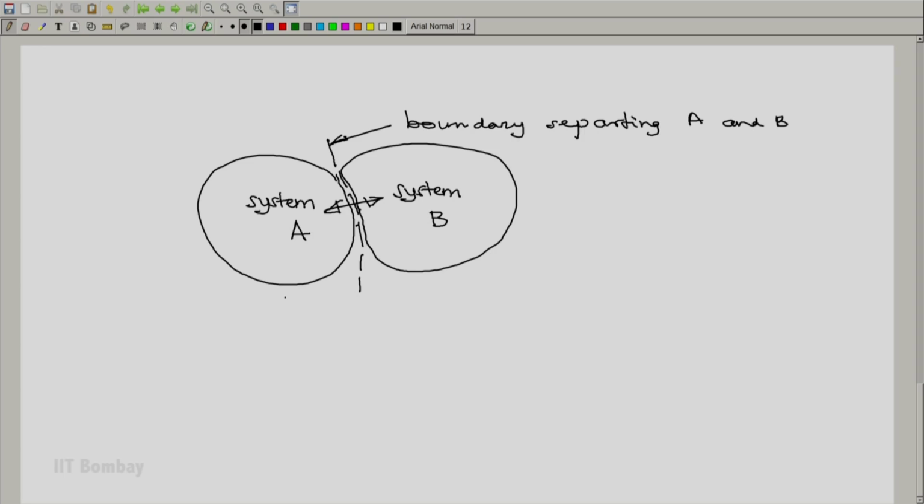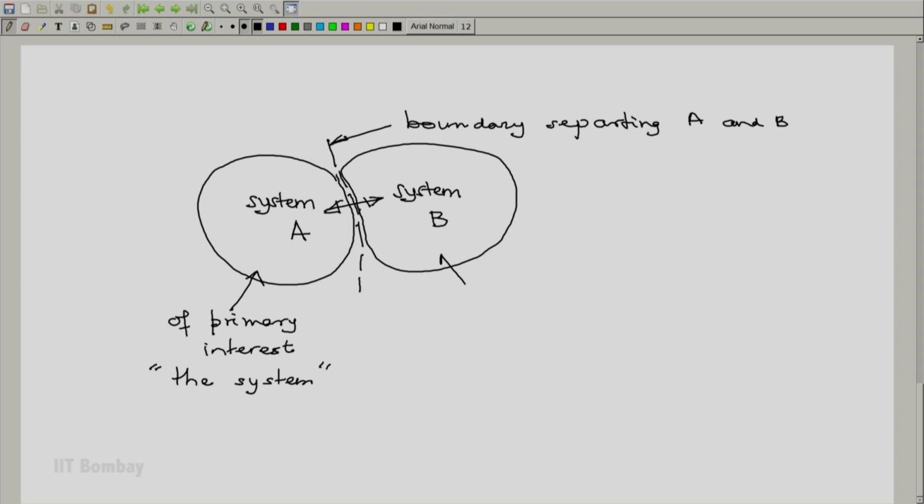In fact, system A will be a proper thermodynamic system, and system B will also be a proper thermodynamic system. However, quite often one of the two systems, say system A, is the system of primary interest, in which case we may simply call it the system.